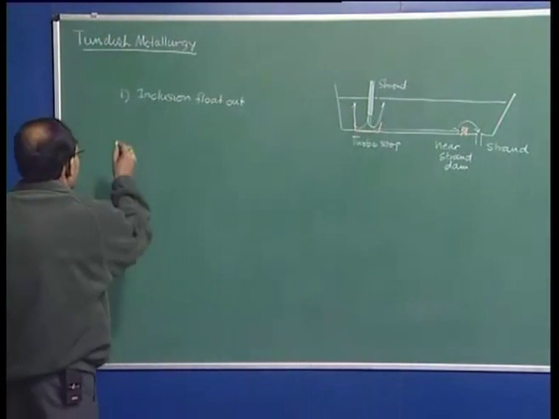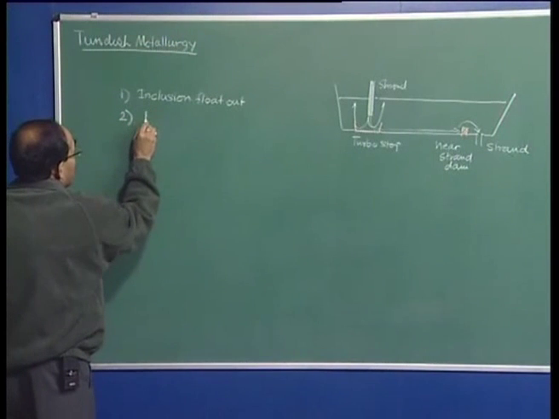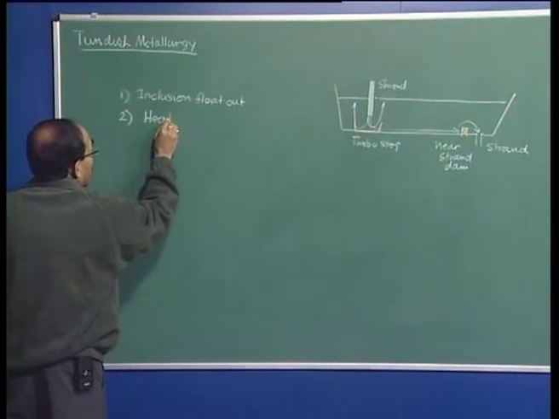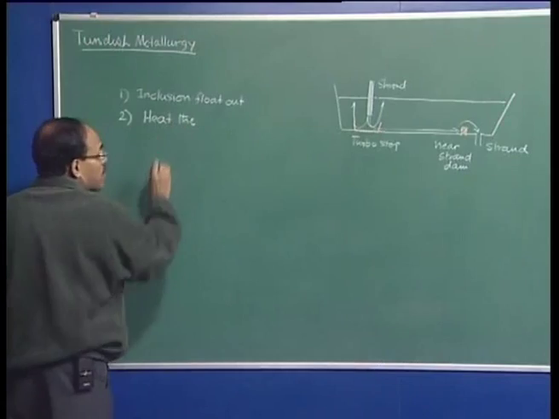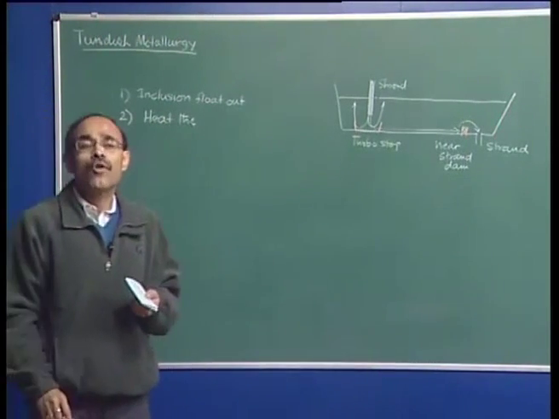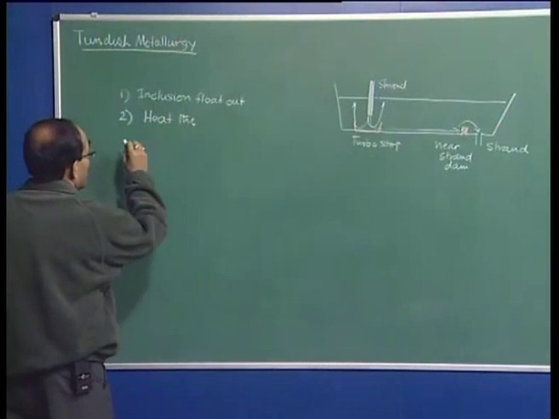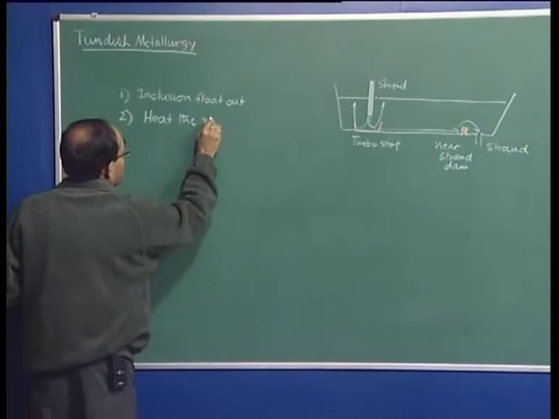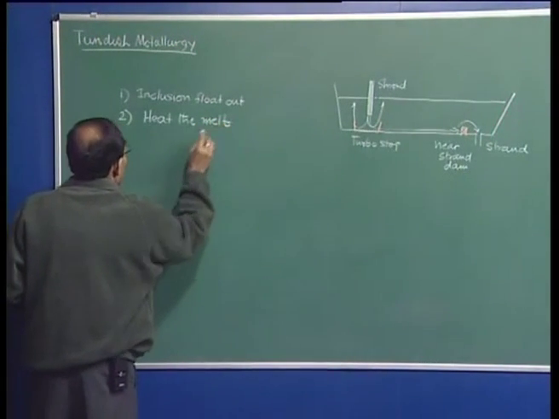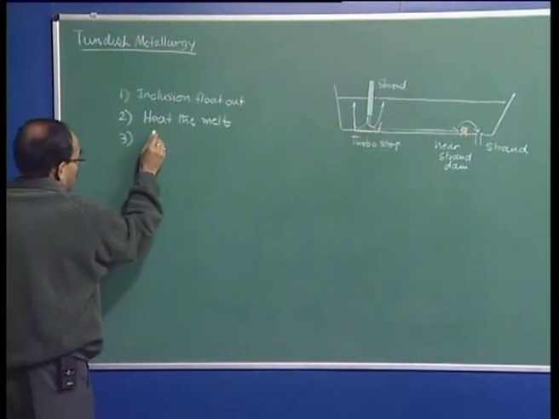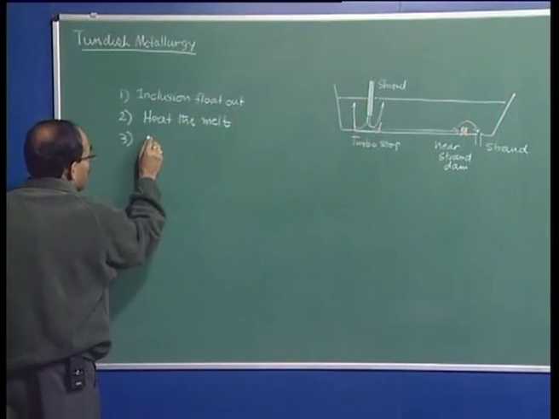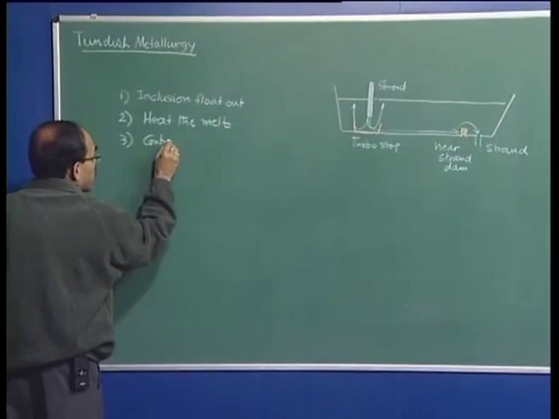Secondly, we would like to control, maybe heat the melt to increase its temperature if there is a significant drop of temperature during the previous processing steps. Heat the melt. We can also control superheat. This is of course one and the same thing, maybe control the superheat.